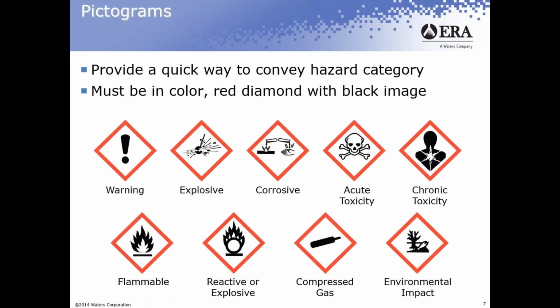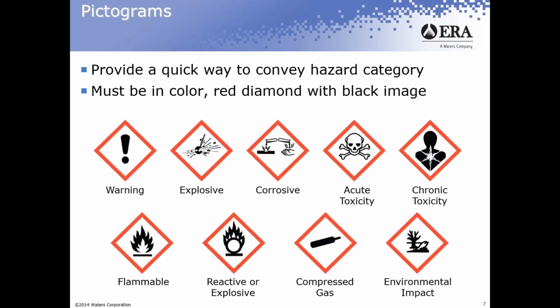The pictograms, this is another part that is a basic for all labels. There are 9 of them. As you can see, they run the gamut of hazards. The warning sign is for general warnings. You'll see that often by itself. Those are things that have just general hazards. And then it runs through explosive, corrosive, acute toxicity, chronic toxicity, flammable, reactive or explosive, compressed gas.